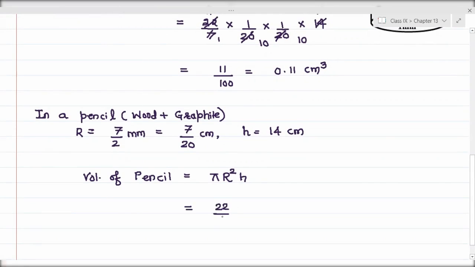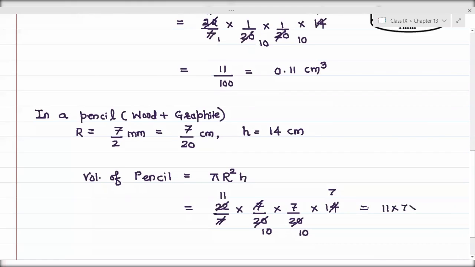So 22 upon 7 into value of R will be equal to 7 upon 20 into again 7 upon 20 and multiplied by 14. Okay, 7 and 7 got cancelled. Here 2 times, sorry 10 times, here it will remain 11. Again if I cancel, this is 10 times and this will be 7 times. So we have 11 into 7 into 7 upon 100.